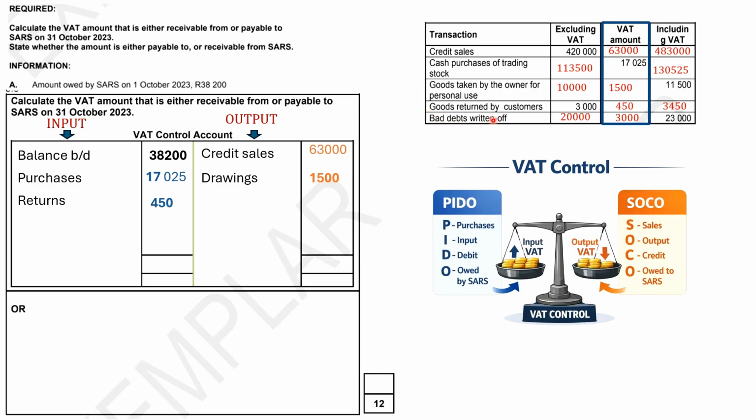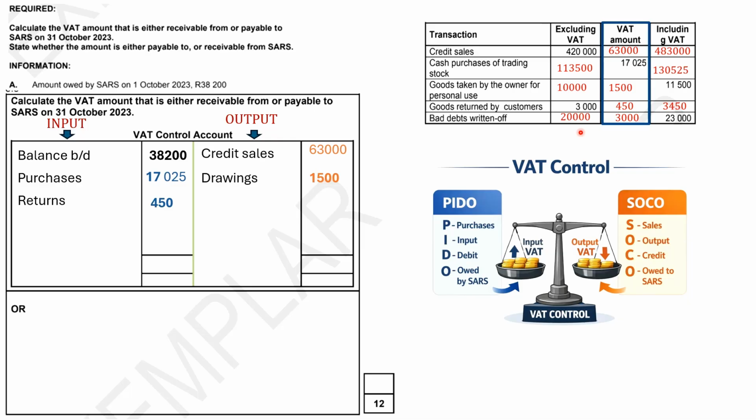Then our last one, bad debts written off. Bad debts is kind of a tricky one, but the thing you need to understand with bad debts is the root transaction. What first happened before we got to bad debts? So firstly, the customers bought the stock. That means the stock went out. We sold it, so the goods went out. Now, this customer has disappeared and we can't find them, so we need to write it off.